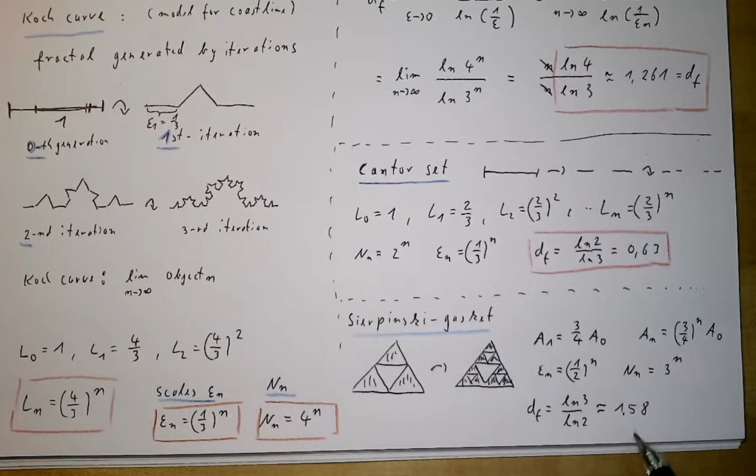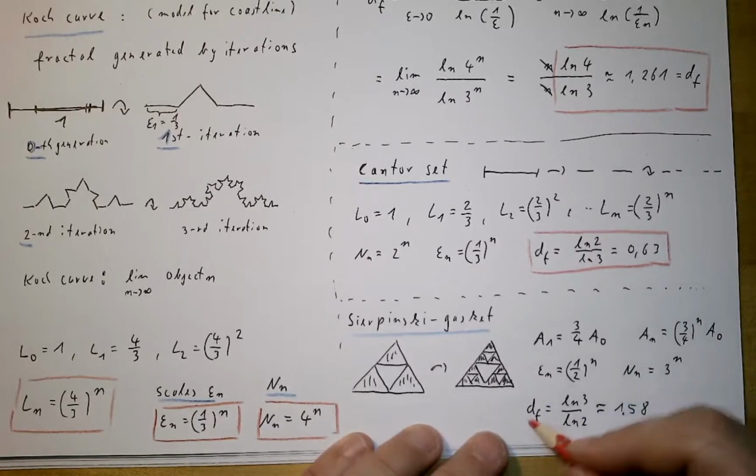So we get a fractal dimension which is larger than 1 but smaller than 2. So that's actually a thick curve, the remaining fractal that we obtain here.